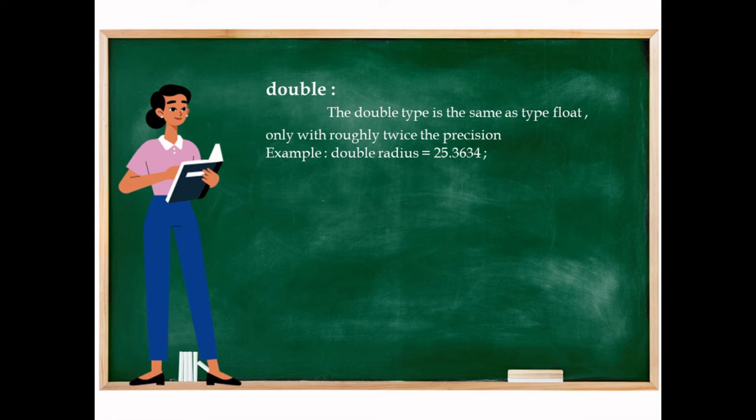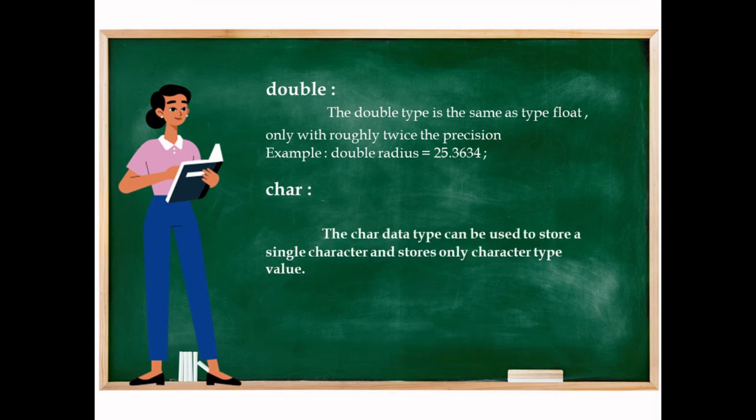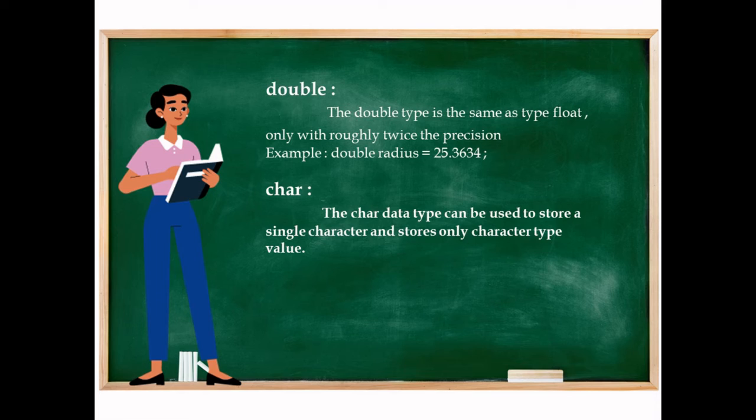Further, let us move to study the char data type. The char data type can be used to store a single character and stores only character type values. No symbols or digits are allowed. The char data type does not support any numbers or digits. Moving on, let us know about the byte specifications in char. Char as a signed char uses 1 byte, and char as an unsigned char also uses 1 byte.